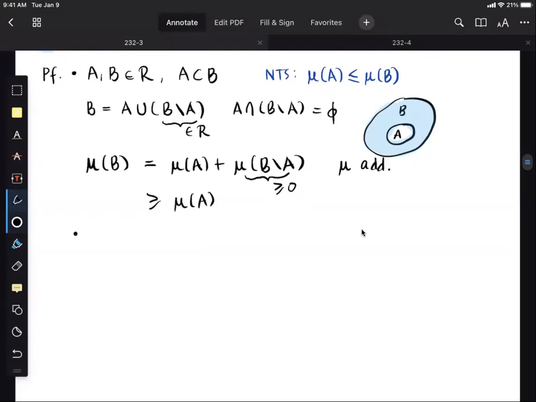Now, to prove subadditivity, it is enough to prove it in the case of two sets because we have a ring.